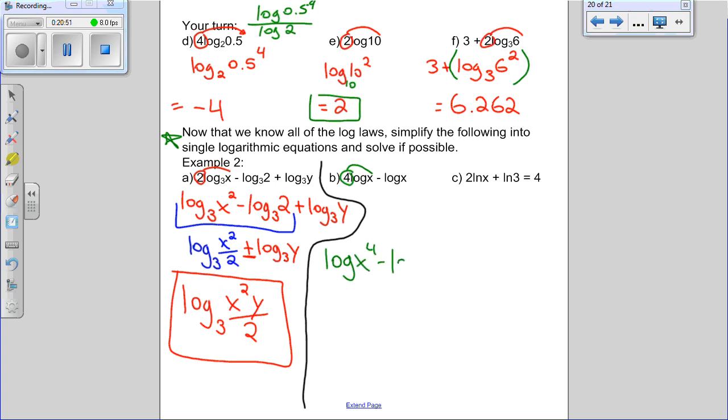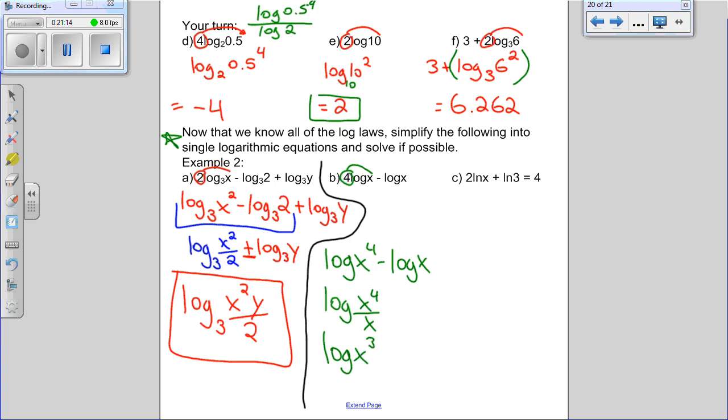Then we do our division. Because it's a subtraction question, it'll become log x to the 4 divided by x. X to the 4 divided by x can be simplified. So this thing becomes log x to the 3. And that would be your final answer.